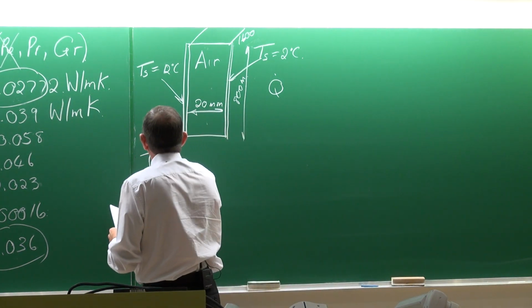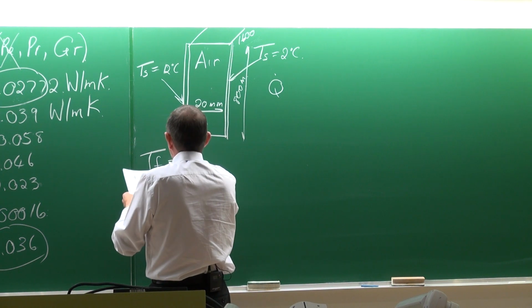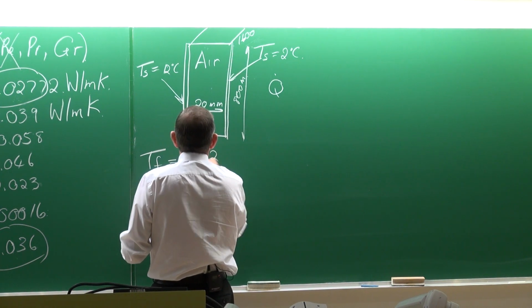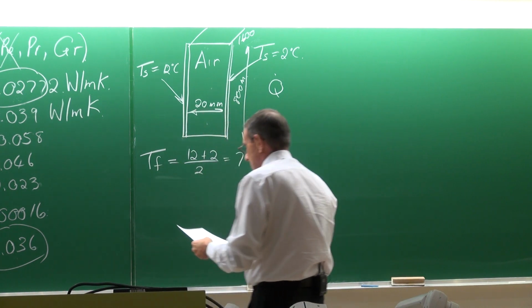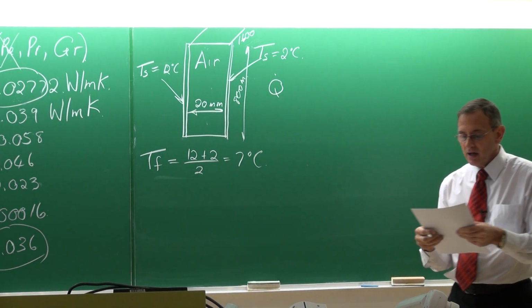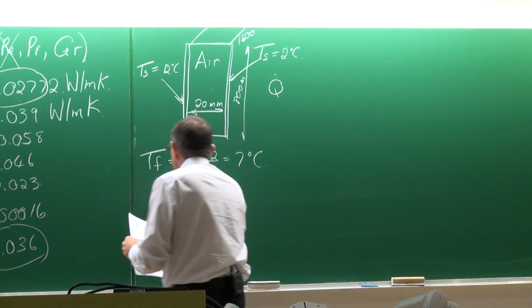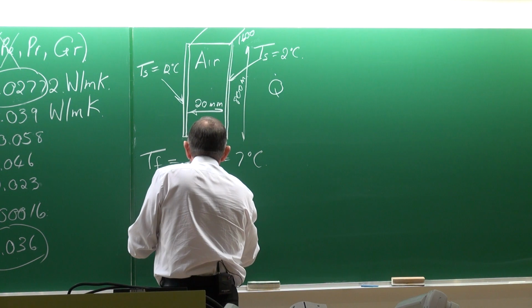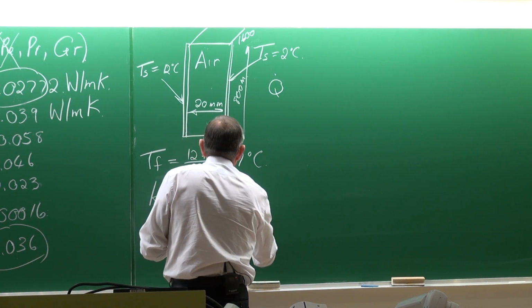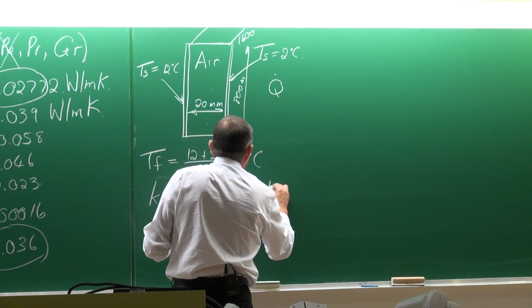Again, we need to get the film temperature, which is 12 plus 2 divided by 2, so that is 7 degrees Celsius. Again, we go to table A15 to get all the properties, and the properties are k is equal to 0.02416 watts per meter Kelvin.